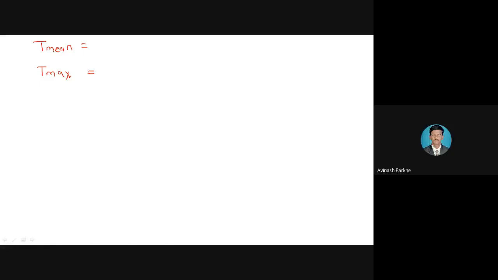Initially, we will get 51.04 into 10 raised to 3 Newton meter, which is equal to 51.04 into 10 raised to 6 Newton mm.